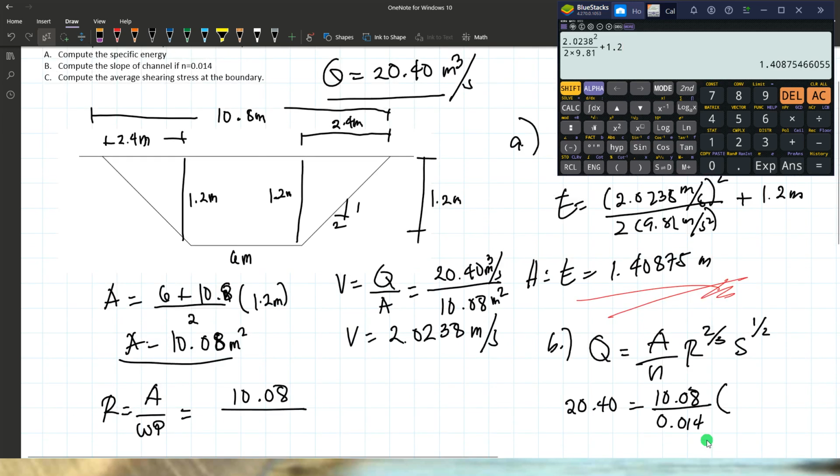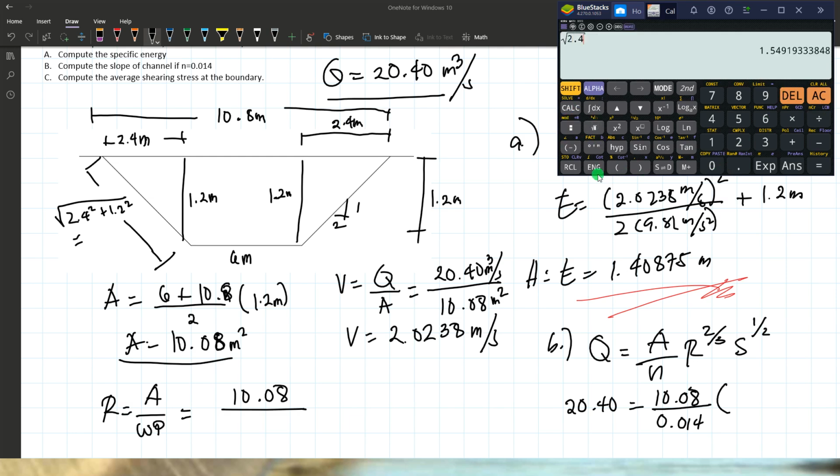So we don't have yet this slant height, this diagonal side of this trapezoid. So using Pythagorean theorem, we will have the square root of 2.4 squared plus 1.2 squared. This is your diagonal here. Since it is symmetrical, we will have the same value on the other side. That's 2.683.